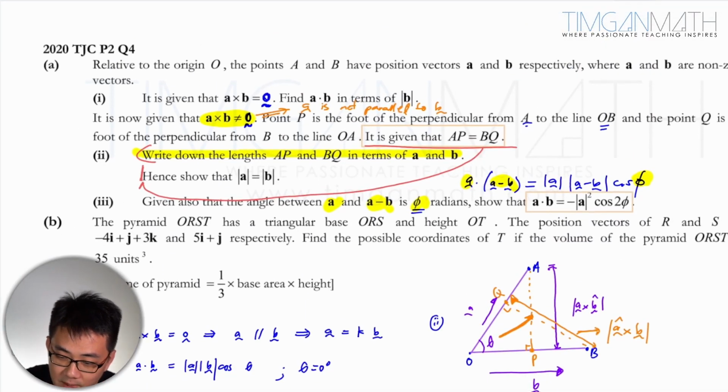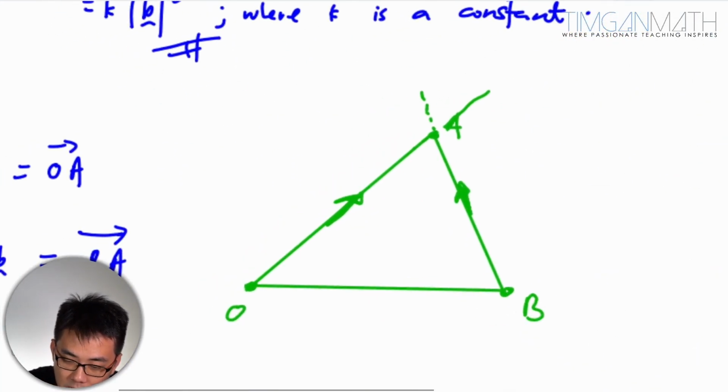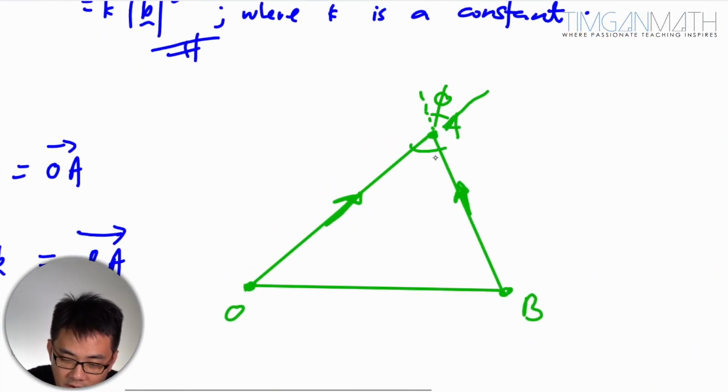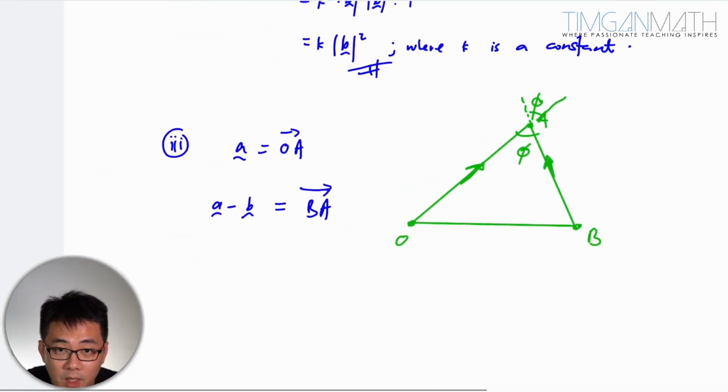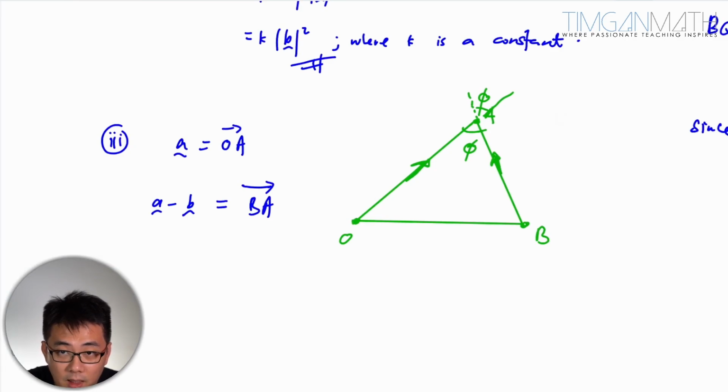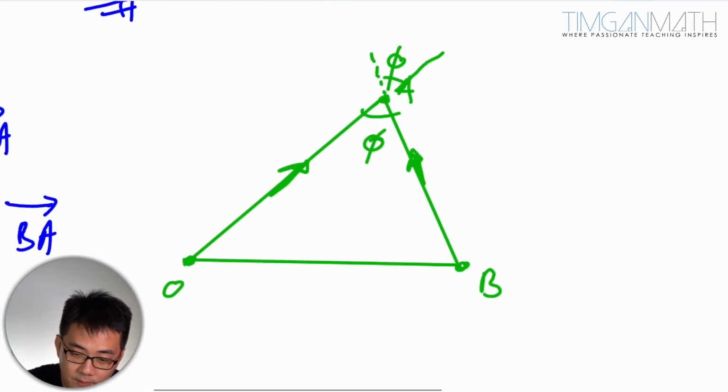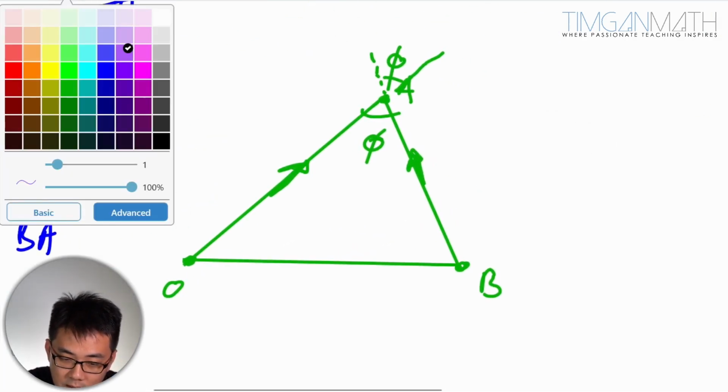The angle between them is phi. So this is phi. BA is this direction, this is OA. Then A to B. Okay, so this is A, right? So in this case here, this is A.